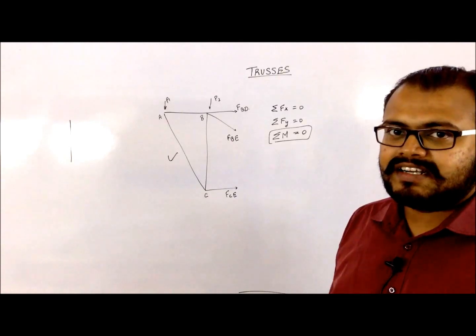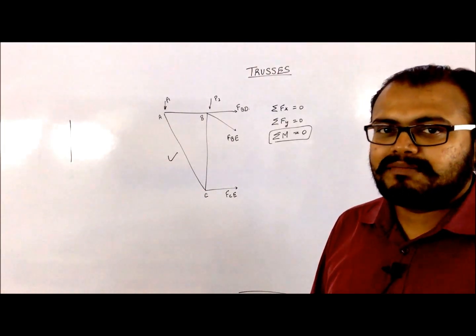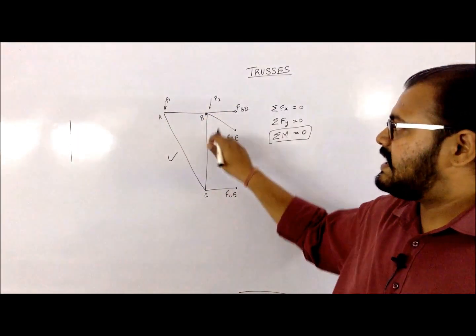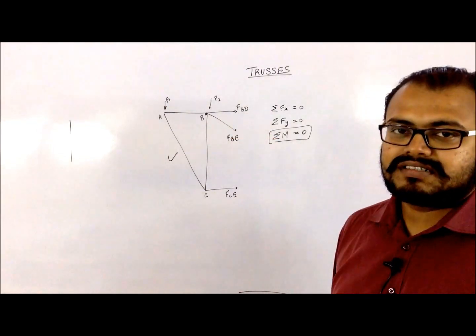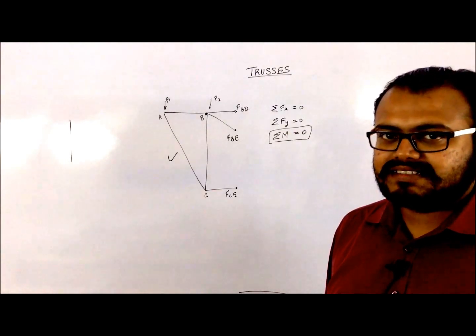Any point I can select, and the reason for this being an important tool is that if I select, let us say, point B, then about point B I can see that these two unknowns are passing through it. So in that equation, those two unknowns won't be present.